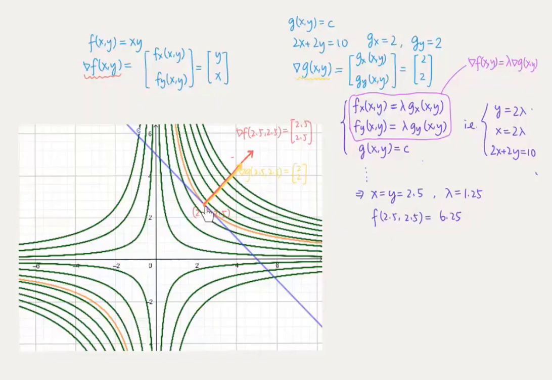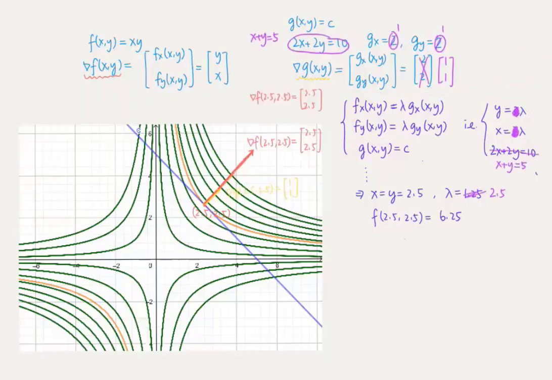It means that at this position, the gradient of f and gradient of g are parallel and pointing in the same direction, and the gradient of f is 1.25 times as long as the gradient of g. And the output of this point is equal to 6.25.